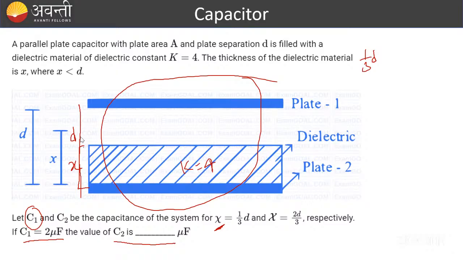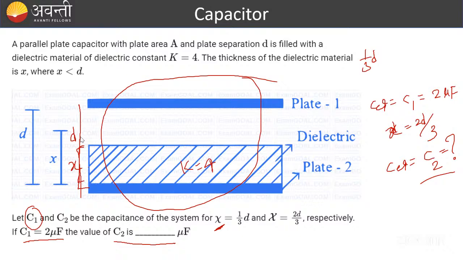So in one case this x is d by 3, then C equivalent is equal to C1 and it is equal to 2 microfarad. In the second case, x is equal to 2d by 3, and in that case C equivalent of the system is equal to C2, and we have to tell what is the value of C2. This is the question over here.